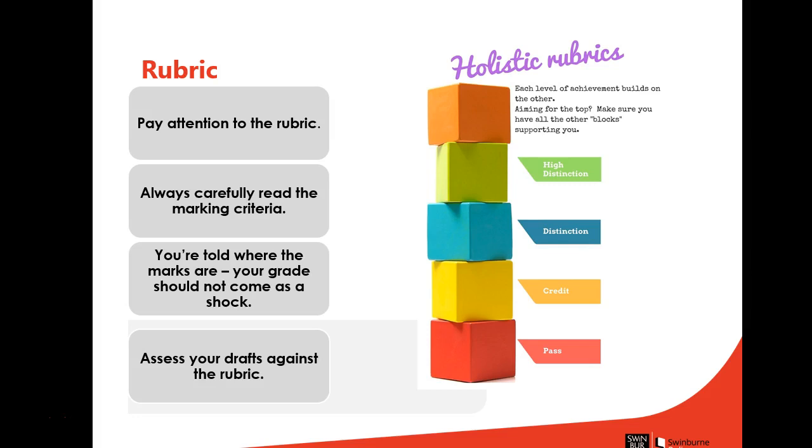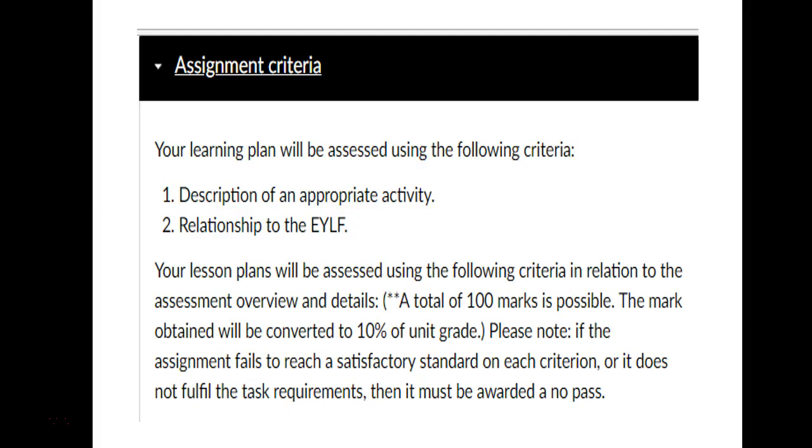So we're looking at all those things from a pass level, and we can tick those off, and then we can move up to the next level, which is our credit. And as we move up those building blocks, we are looking for more information and more detail in regards to the grade that you will get for your assignment 1B.